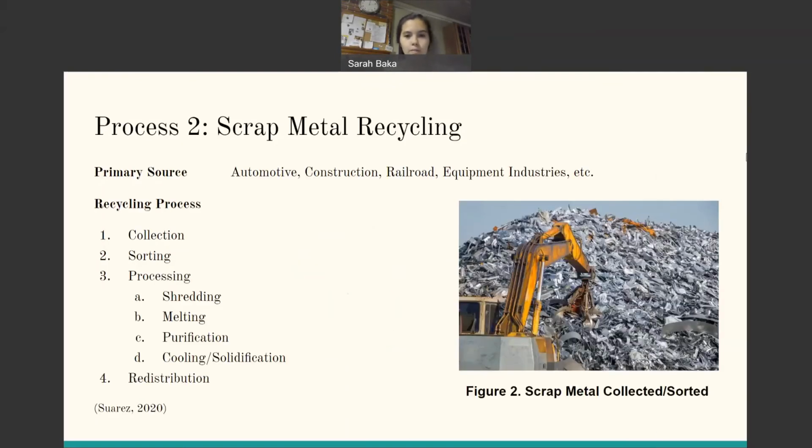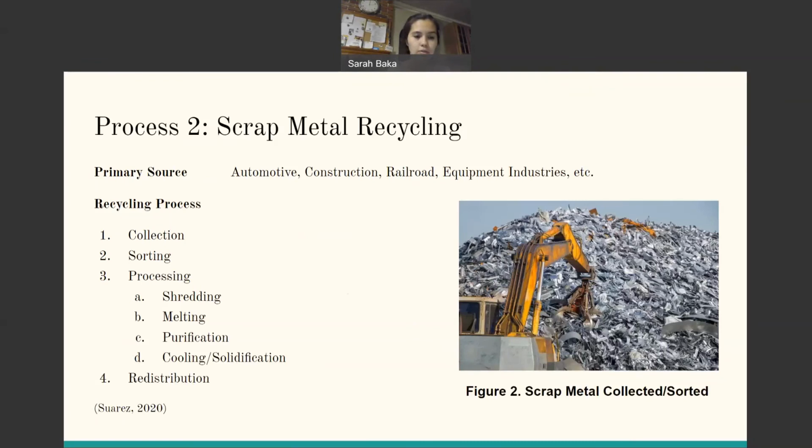Process 2 is scrap metal recycling. Scrap metals can commonly come from the automotive, construction, railroad, or equipment industries. And it again follows the following recycling process. It starts out with the collection, and then the biggest thing about metals is that there are so many different types, so they have to be sorted according to the type of metal.